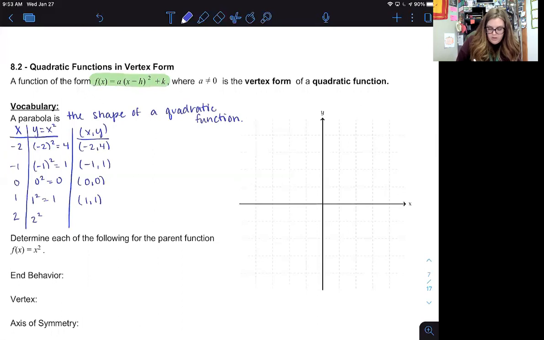And 2 squared equals 4, so we have the ordered pair 2, 4.